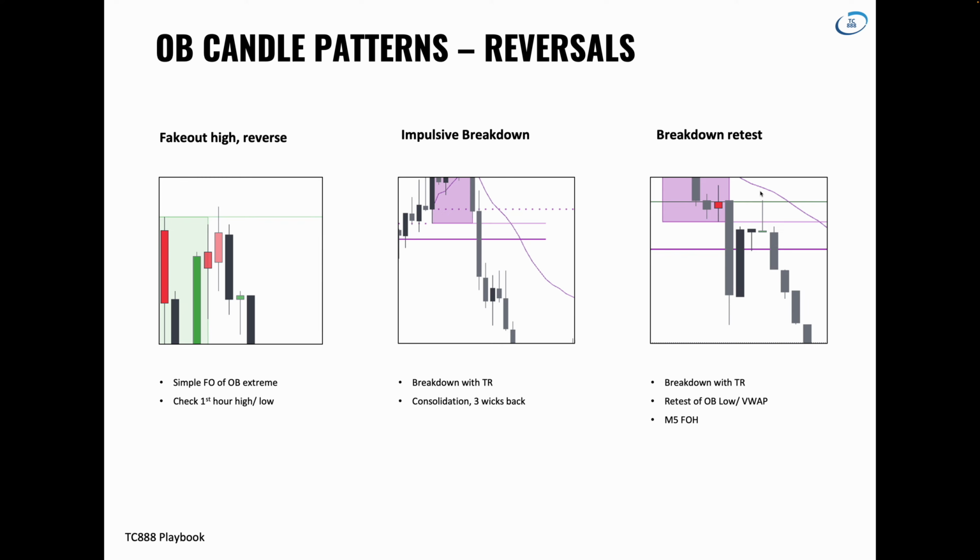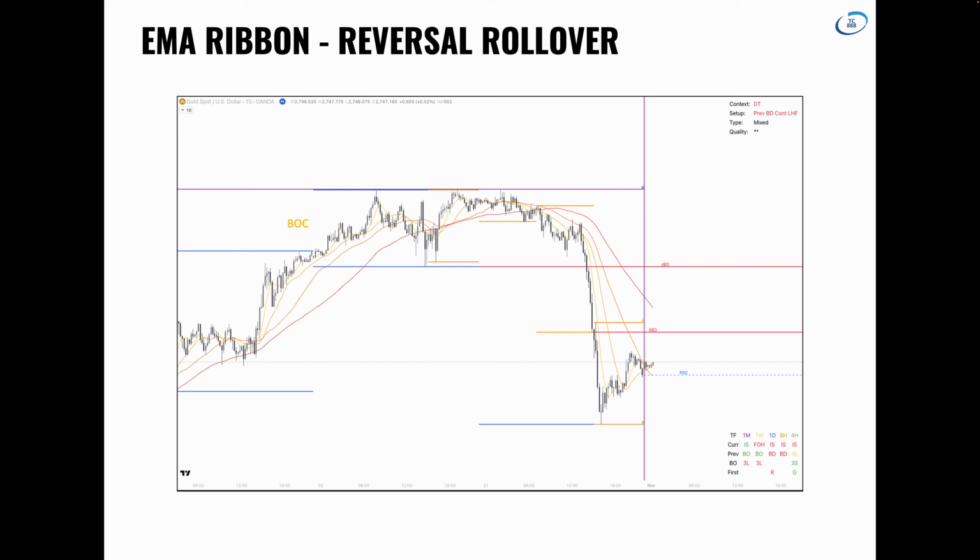Next sweet spot, fake out high, retest here, maybe even the VWAP retested, rolling over. Then the next candle rolling over, that's your entry, and then you know this is the continuation trap. There is another short-term long trap, and then you just go into the continuation and have a nice trade.